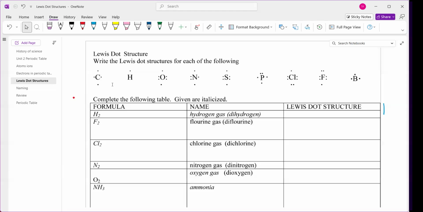So oxygen and sulfur have the same valence setup. 2 pairs, 2 singletons, 2 bonds.